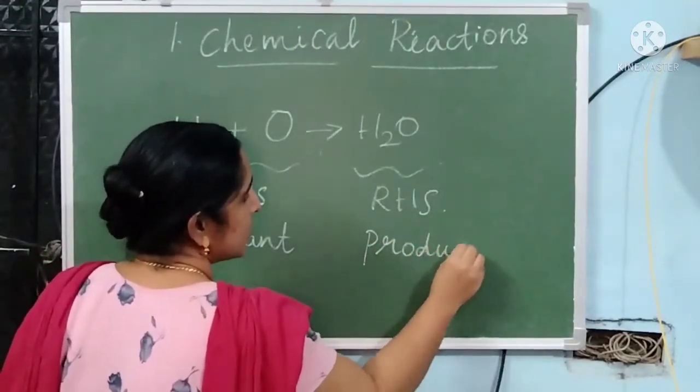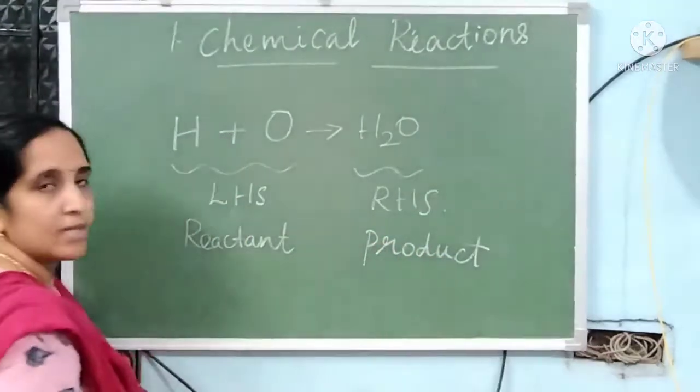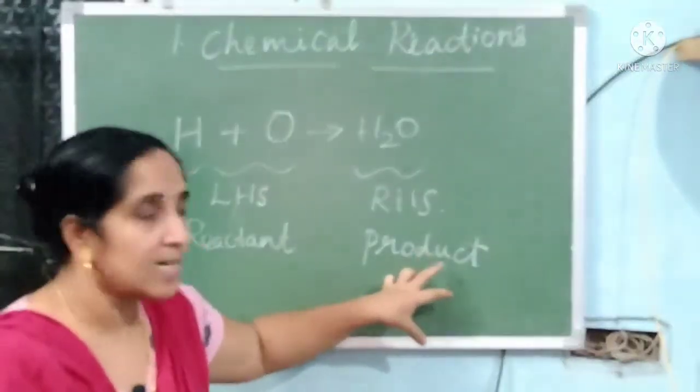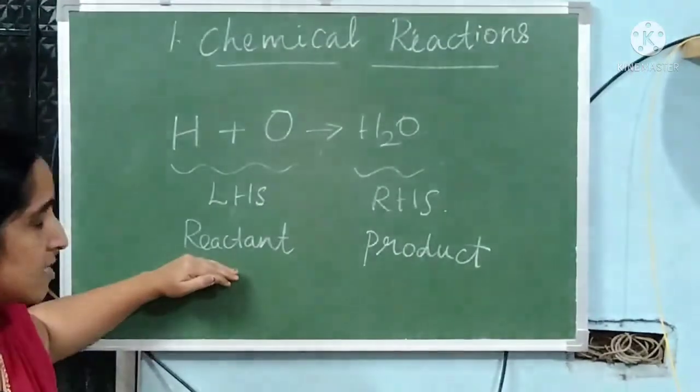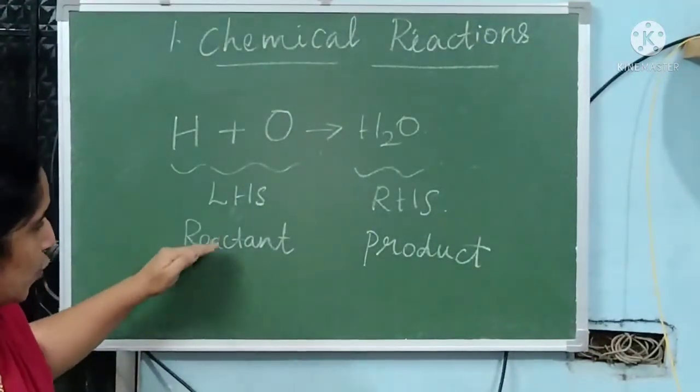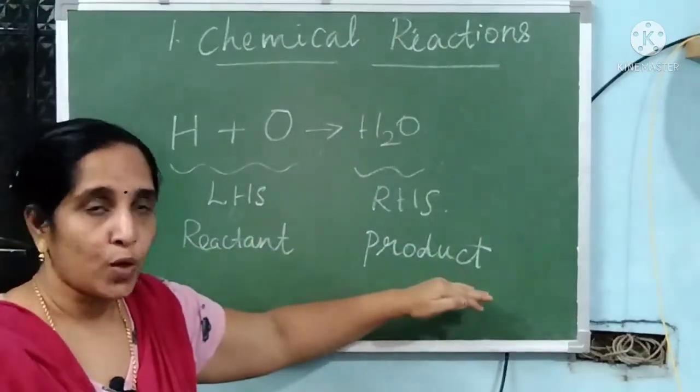That is, the RHS of a chemical reaction is known as product. So there are two parts, reactant and product.